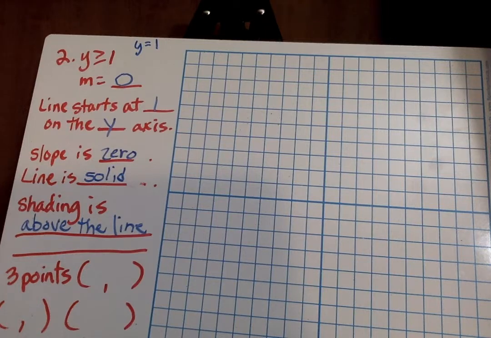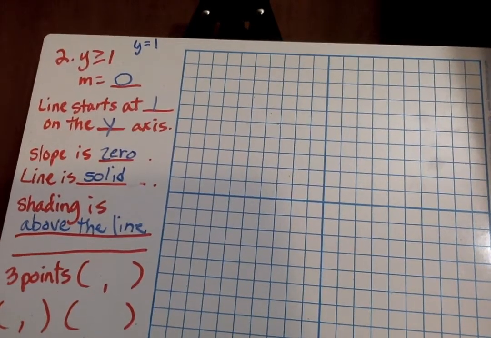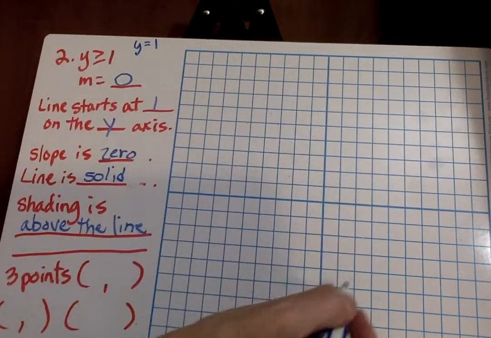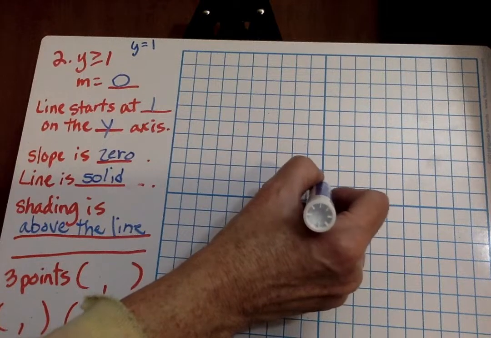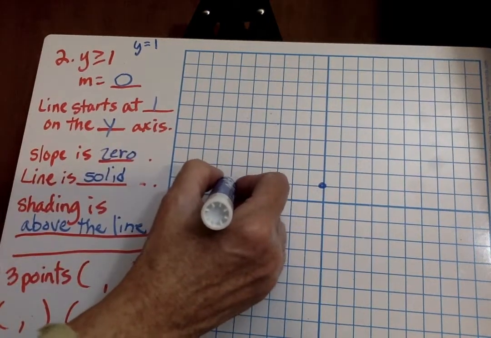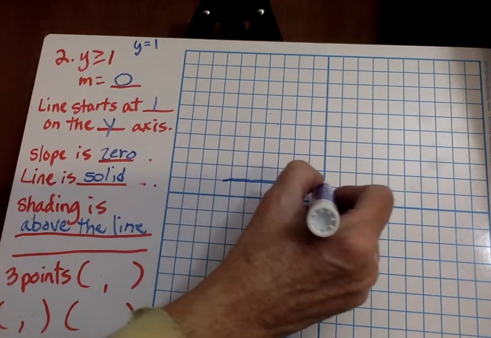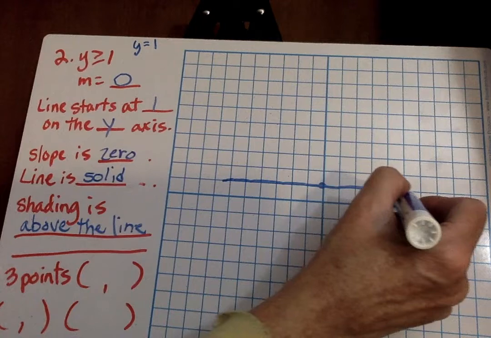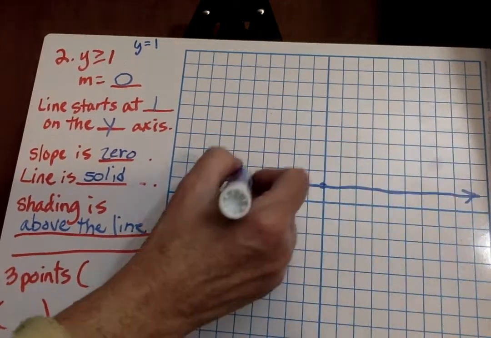All right, now let's go ahead and graph it, and then we can pick our 3 points. Okay, so the line starts at 1 on the y-axis, starting point. Slope is 0, which means you're on a straight ground, and it is a solid line.